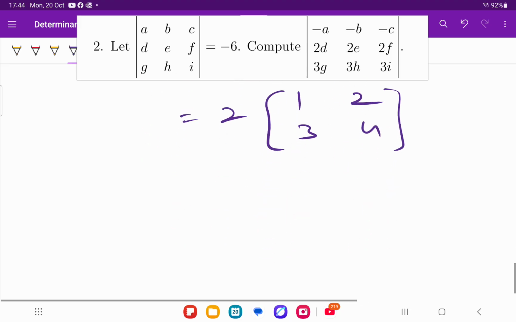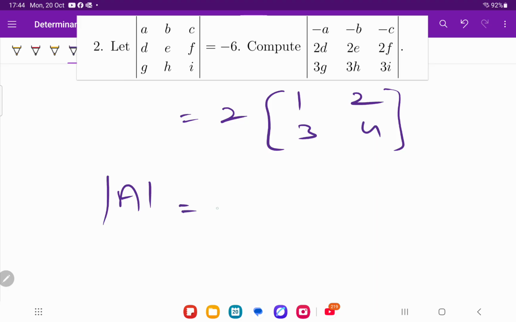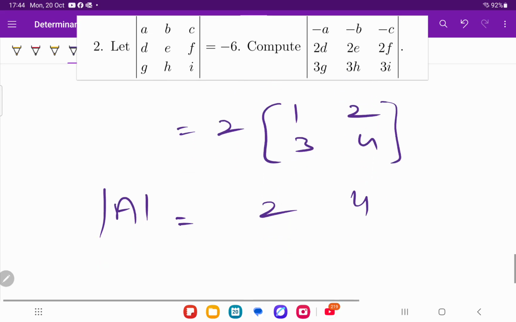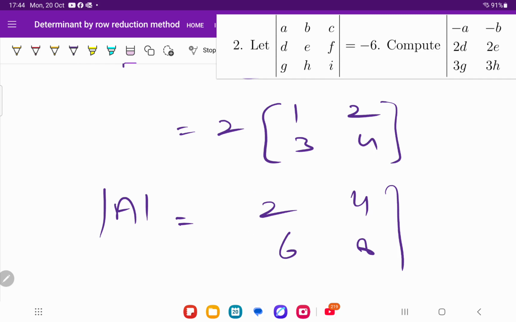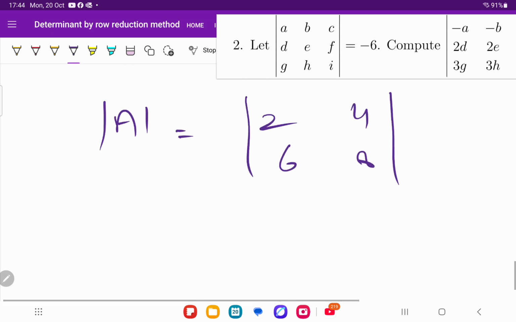When we are talking about the determinant, for example, we again have 2, 4, 6, 8. Let me write it in the form of a determinant. In this case, if you want to take out 2, it can be extracted from a row or column.